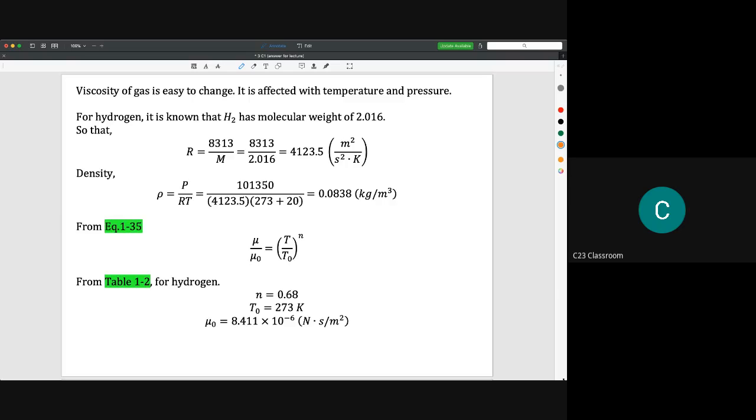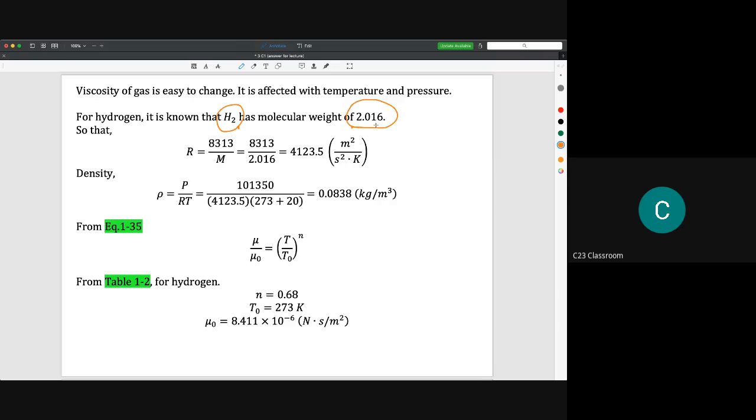So the density, the pressure, and so on will change even with a slight increment of temperature. That's why, as you said, we need to calculate with PV = mRT and so on. But the idea of PV = mRT is actually to find the properties of that gas, not the Reynolds number. For the Reynolds number you need to stick with the equation. So for example, for the hydrogen here, it has a molecular weight of 2.016.